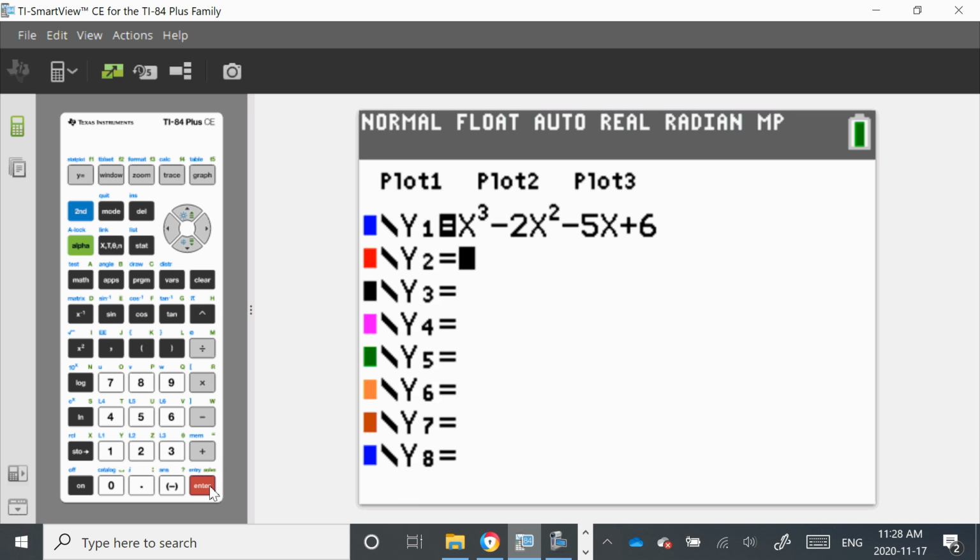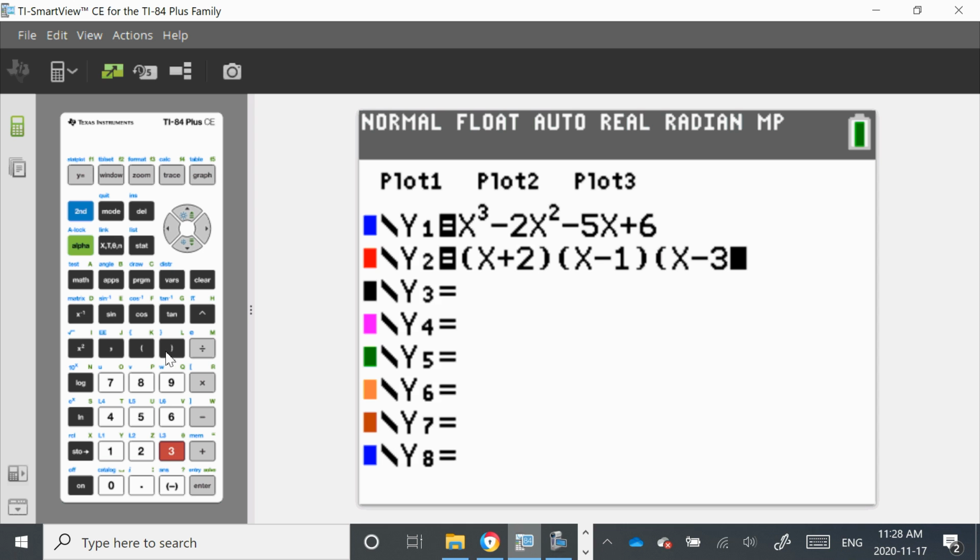Okay. In y2, I'm going to enter the exact same polynomial in factored form. So this in factored form should be, open bracket, my first factor was x plus 2. My second factor was x minus 1. And my third factor was x minus 3.